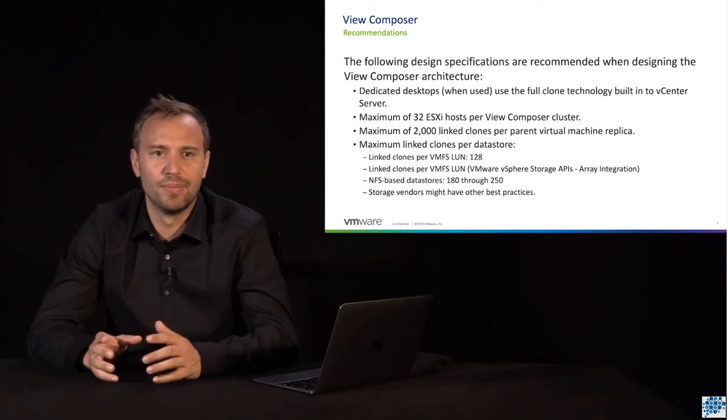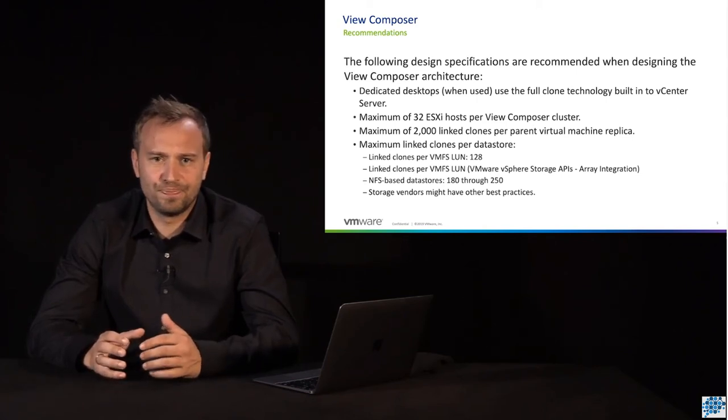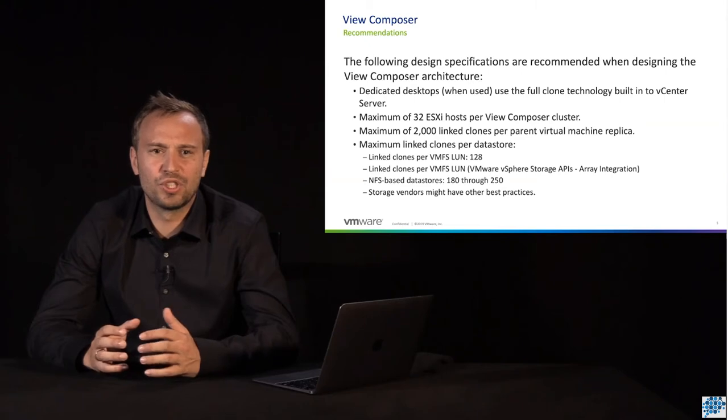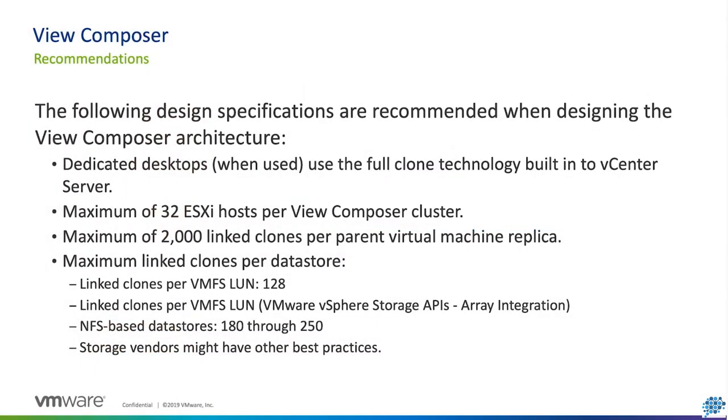Keep that in mind. So, when we design the Horizon View Composer, we need to be aware of any kind of constraints. A typical constraint is that we support up to 32 ESXi hosts per View Composer cluster. Up to 2,000 linked clones per parent virtual machine replica. And for certain data stores, we have different limitations as well.